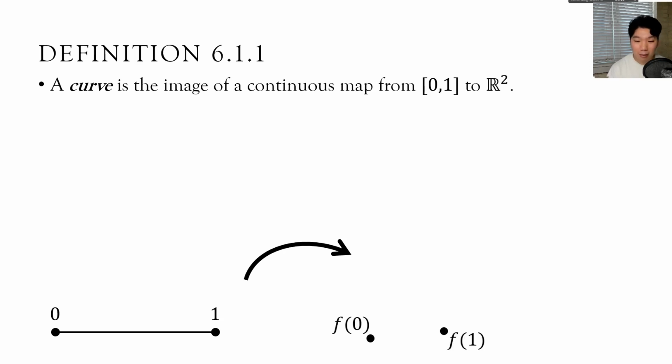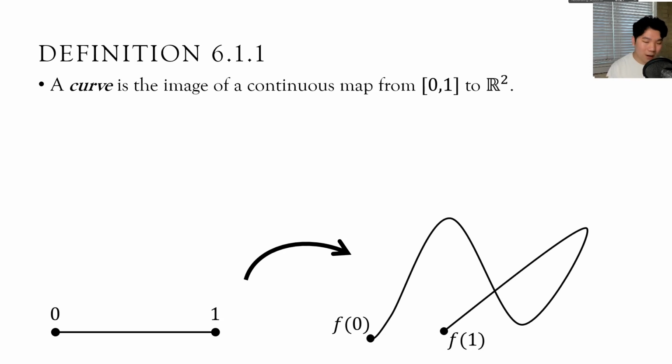First off, 0 goes to f of 0, and 1 goes to f of 1, and everything in between can be modeled out in some way, like what I have here. Remember that R2 is our two-dimensional space, or you can even think of this as our xy Cartesian plane. We're taking a one-dimensional number line and mapping it onto our R2, our two-dimensional space. So we have a curve.